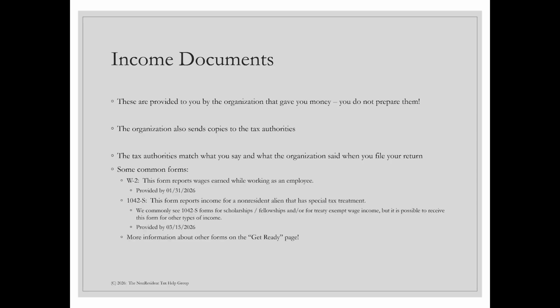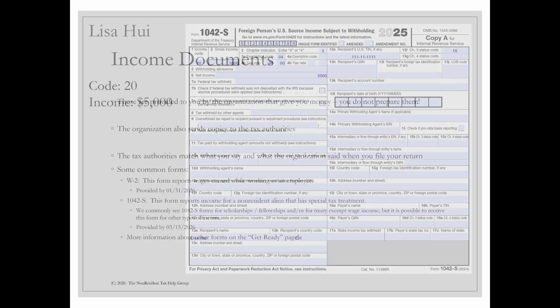That is required to be provided by March 15th. Sometimes schools or other organizations will provide it a bit earlier, though. These also are often provided on paper, but some schools will provide them electronically as well. And there is more information about these and other forms on our Get Ready page.